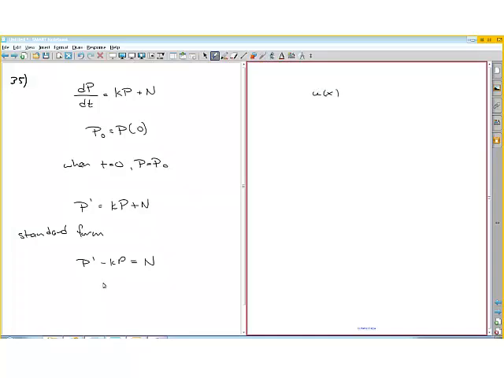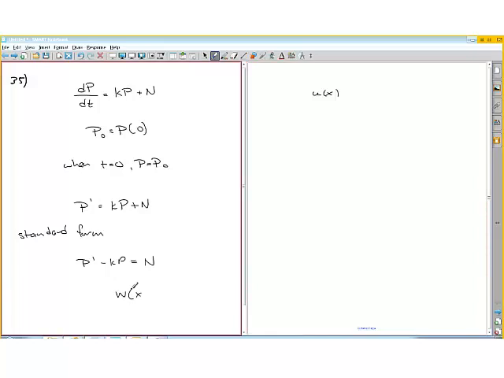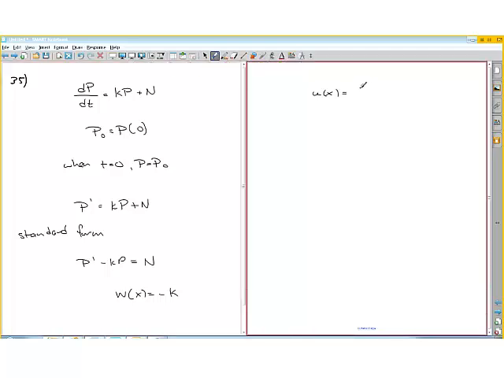So the integrating factor. P is a population, so let's use some other letter. We'll say w of x is equal to minus k. That's the coefficient in front of the P term. So u of x, in this case, using our terminology, is equal to e to the integral of w of x dx.